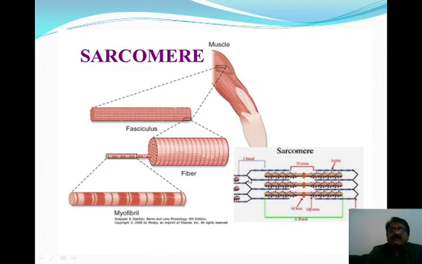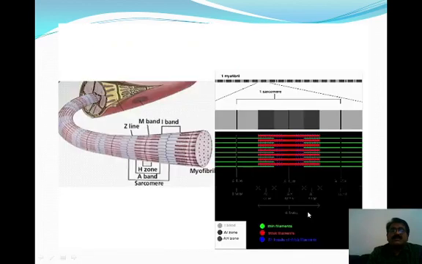The myofilaments have alternate bands, the A band and I band, and in between the A band and I band there is the zigzag line. These are the Z lines which are observed in striated muscles.